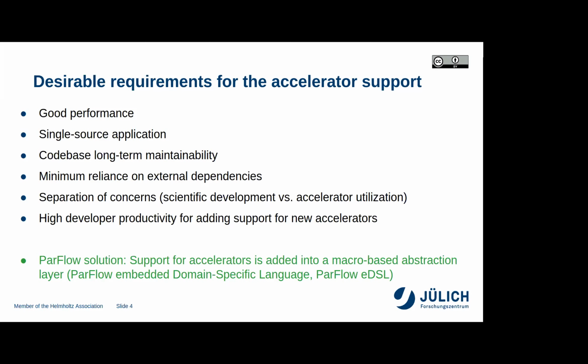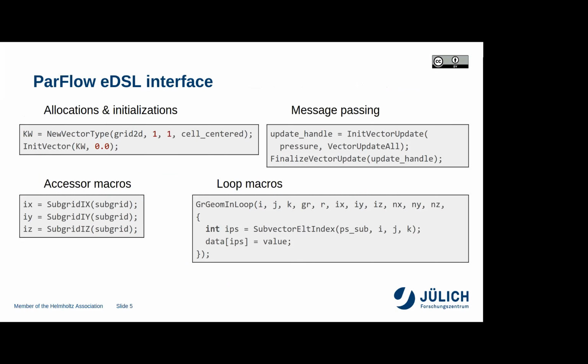Our solution for this is to add support for accelerator devices into ParFlow embedded domain-specific language, or ParFlow EDSL, as we call it, which is a macro-based abstraction layer hiding the architectural complexities. All right, so this is how the interface of this ParFlow embedded domain-specific language looks.